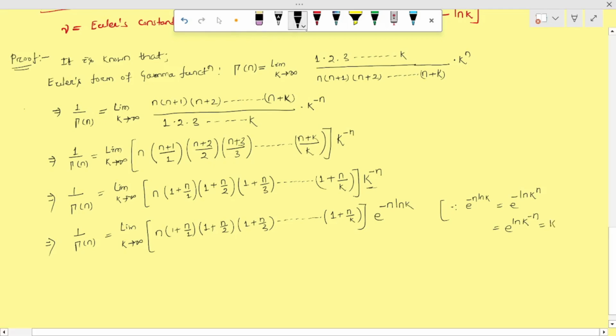This is nothing but your k to the power minus n. So instead of k to the power minus n, we can write e to the power minus n ln k.